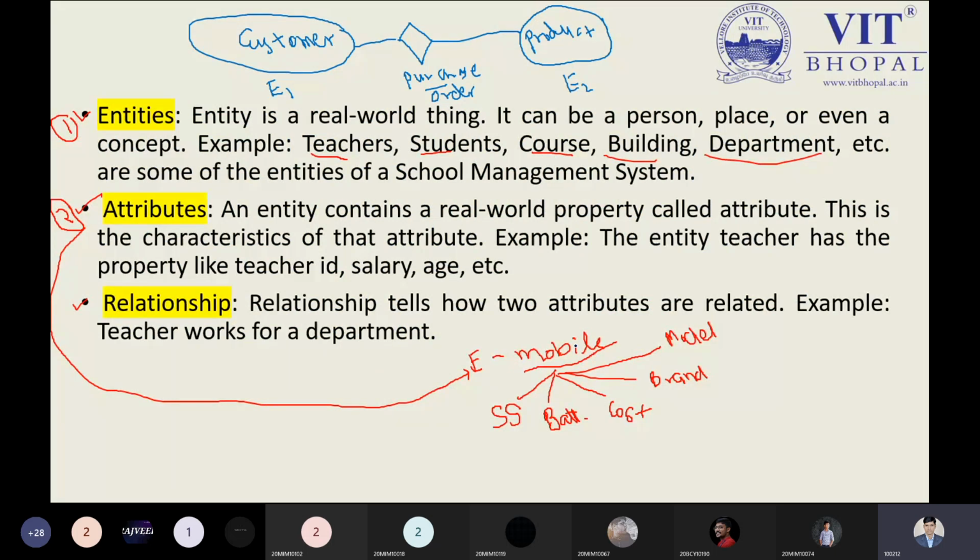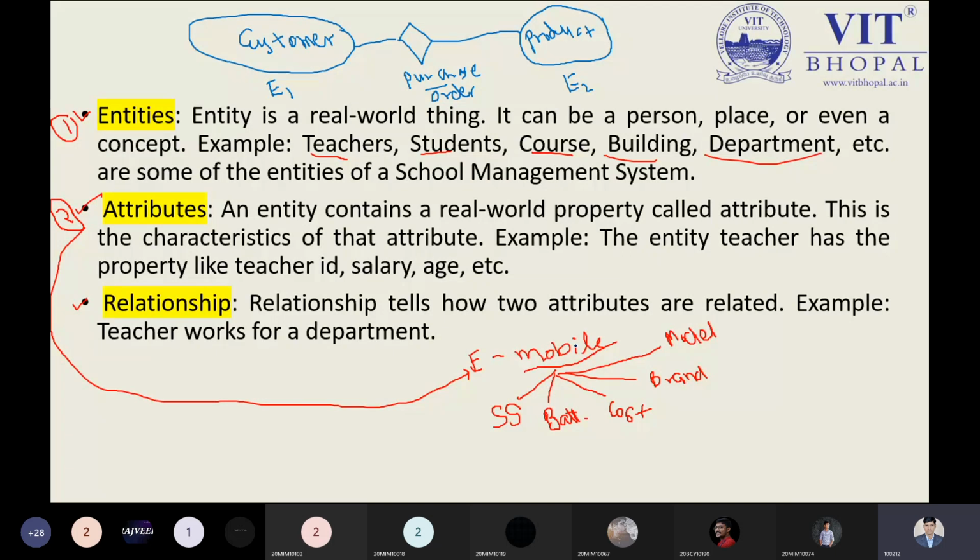So what are the three components? As I told you, entities, attributes, and relationships. Entities are teacher, student, course, building, department, etc. All these are examples of entities. All these entities can have their own attributes.